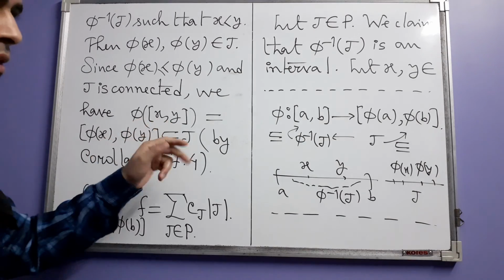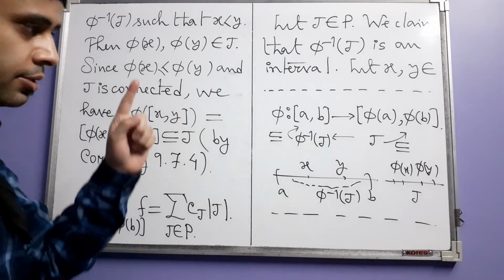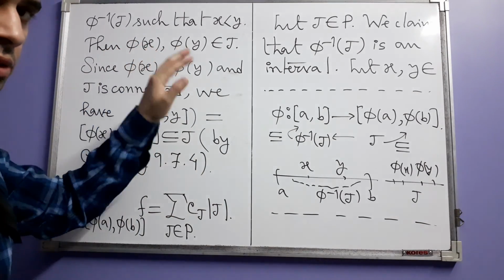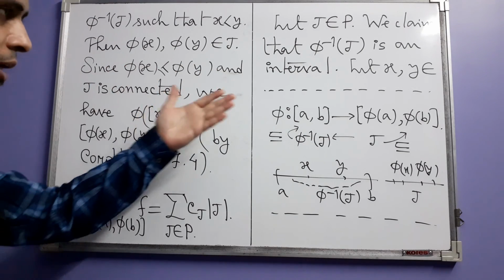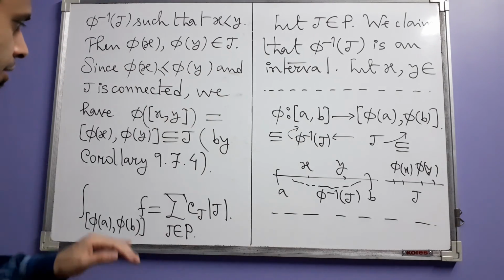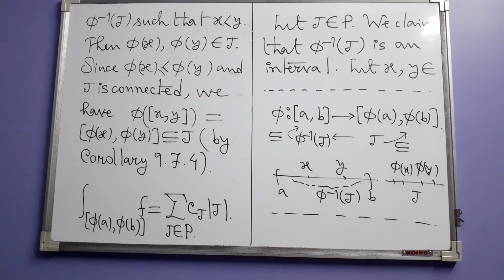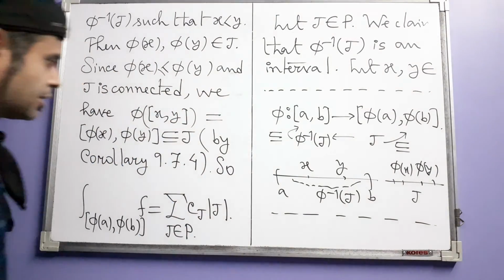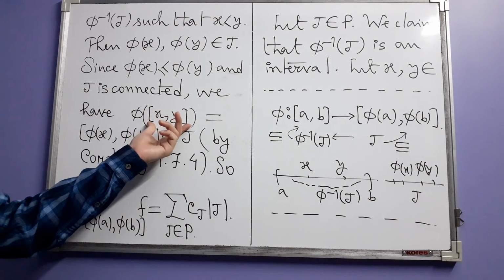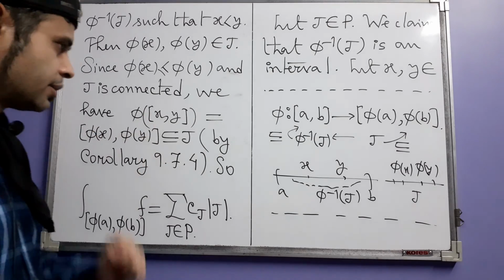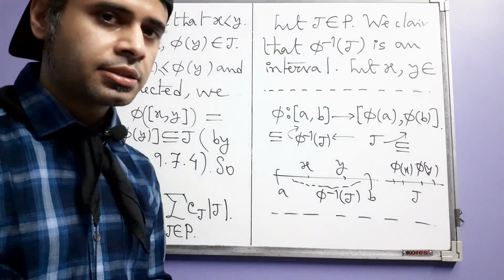The fact that phi is monotonically increasing, again, you see in the statement also we said why the image set of phi looks like that, phi a comma phi b. Exactly that is why this also looks like this. So, but then if the phi image of this interval is contained in j, then the interval will be contained in phi inverse of j.